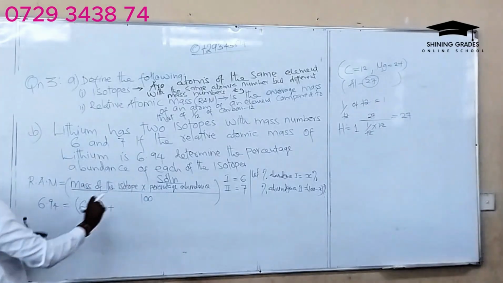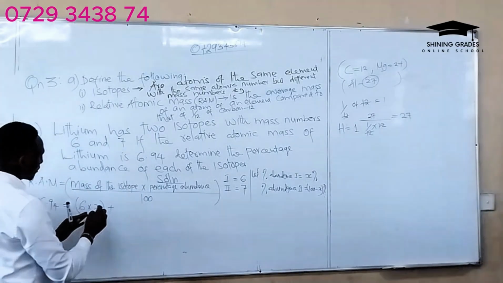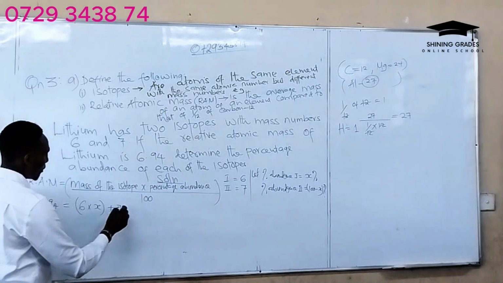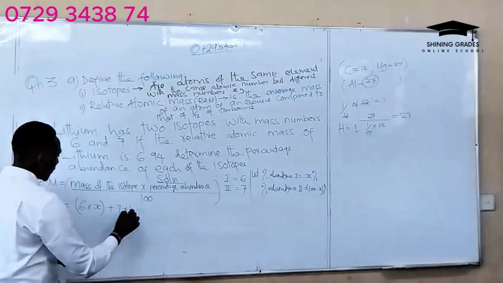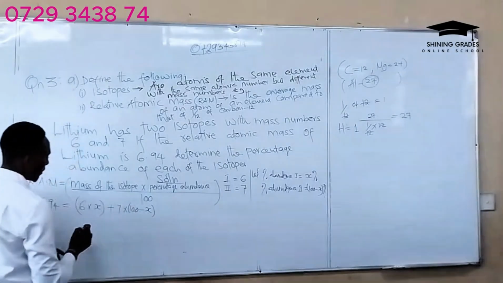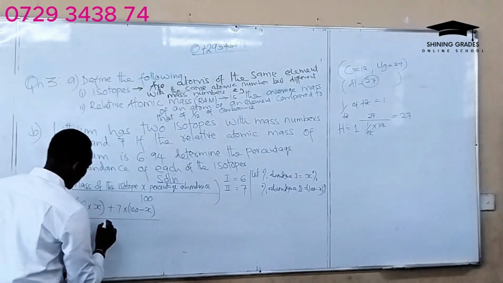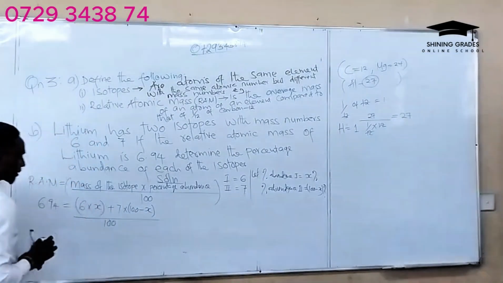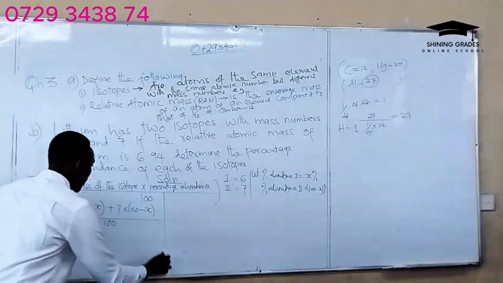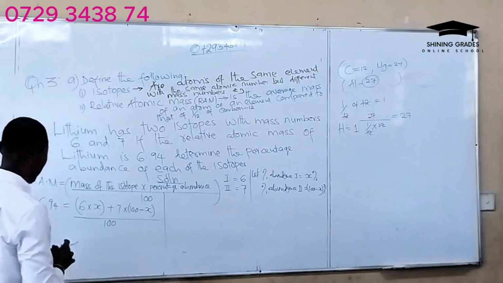So I will have 7 as the mass of the second isotope multiplied by the percentage abundance, which is 100 minus X. And then I divide by 100. So I just do the normal simplification.